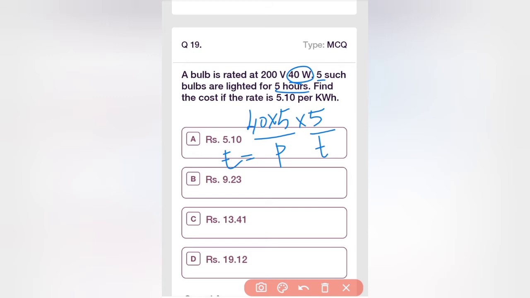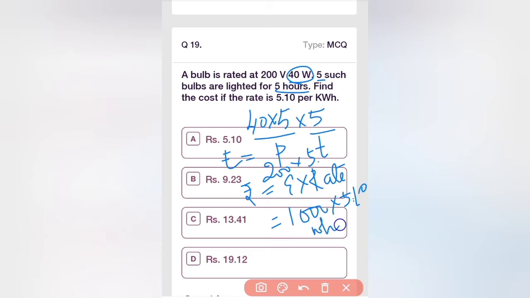When we multiply this, we get the energy. To get the cost, we need to multiply the energy with rate. So we get 200 into 5, which is 1000, into 5.10. This 1000 is going to be in watt hour, but we need it in kilowatt hour.